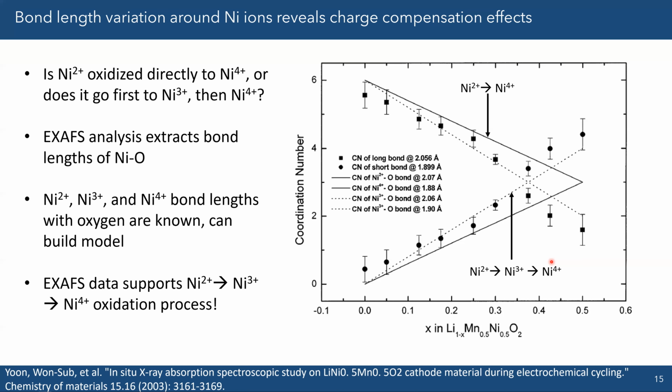So this is just a pretty cool demonstration of how powerful XAS is. You can get the charge compensation mechanisms by quantitatively fitting your XAS data to get coordination number and bond length.